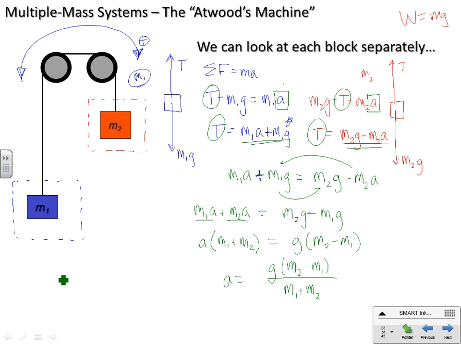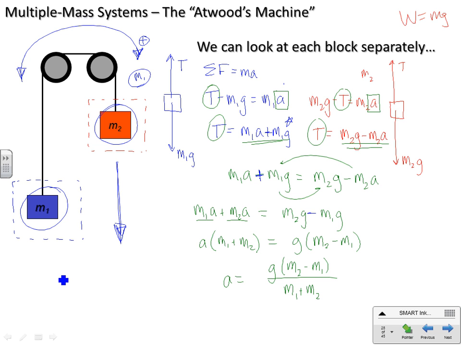So, depending on what those masses are, this one really says that if m2 is bigger than m1, then the top of this fraction will be positive, and that means that a is positive. And that means that, sure, it actually will accelerate in this direction that we chose as positive. That makes sense, right? If this mass is more massive than this mass, then sure, it's going to accelerate this way.